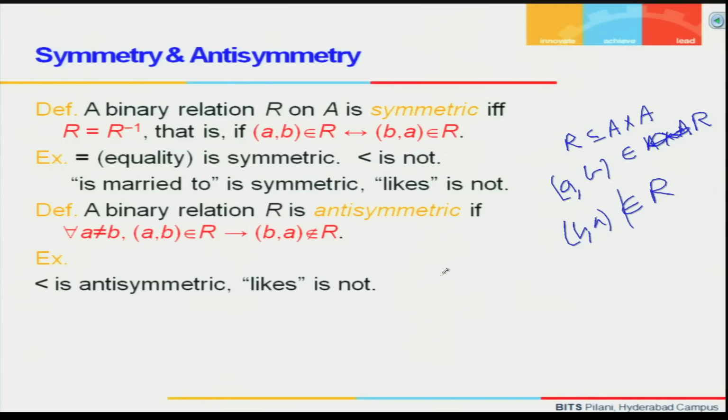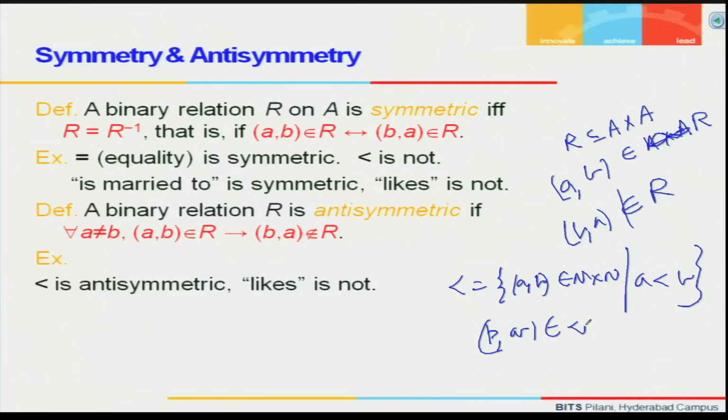We will go back to our own example and see it. The less than relation is defined as the set of A comma B in N cross N such that A is less than B. Is this anti-symmetric or not? If somebody comes to me and says, sir, P comma Q is there in this relation less than, then beyond a doubt I can always say that Q comma P is not there in this relation.